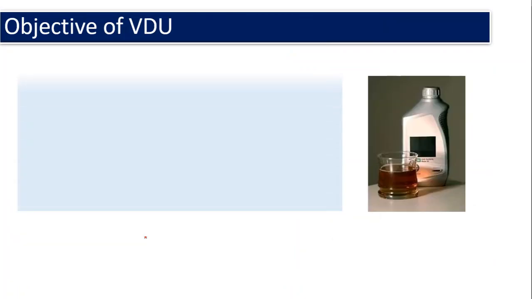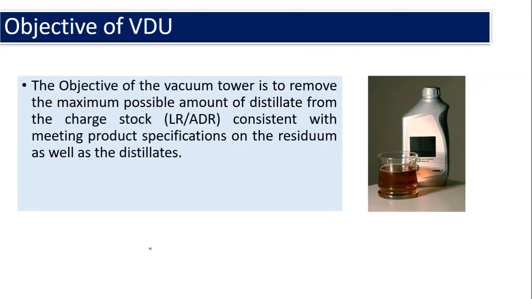And what is the objective, why do we need the vacuum distillation unit? We know that about 50% of the crude oil is in the form of residue, long residue. So our objective is to remove the maximum possible amount of distillate from the charge stock, that is from the feedstock, but you have to maintain the product specification of the vacuum distillation as well as the residue.